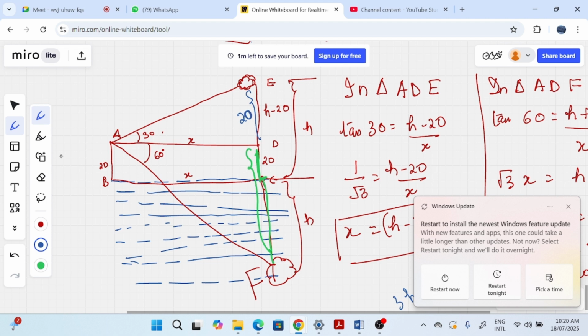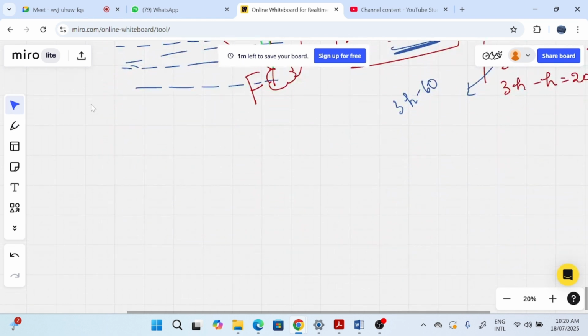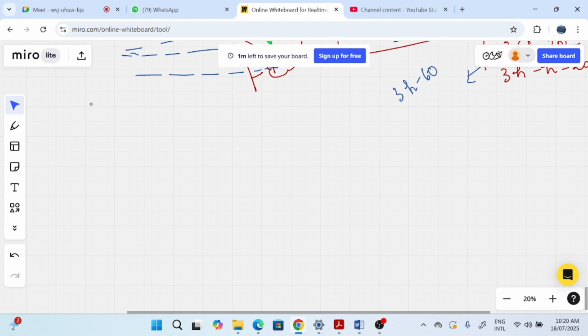And how much is AD? AD is nothing but h minus 20 root 3. 40 minus 20 is 20. So x is 20 root 3. Now we have to find the distance of AE. AE square, according to our diagram, is equal to AD square plus DE square.